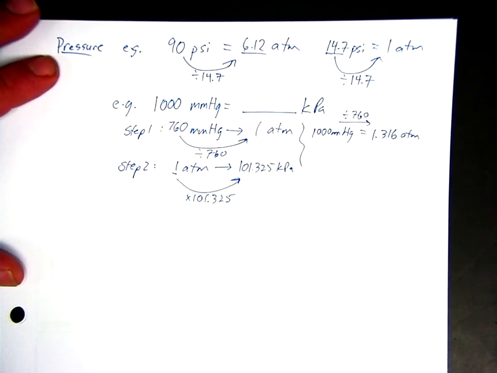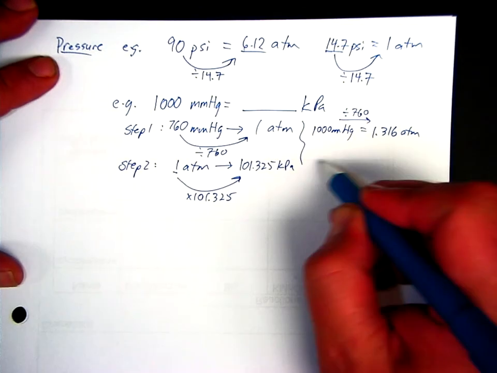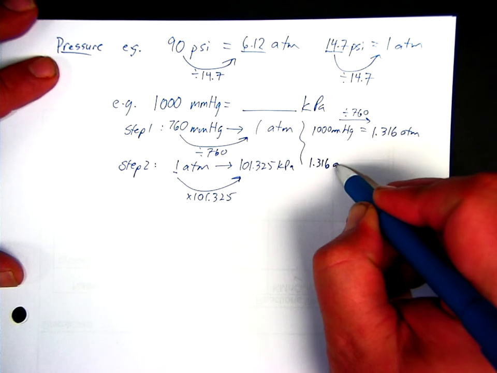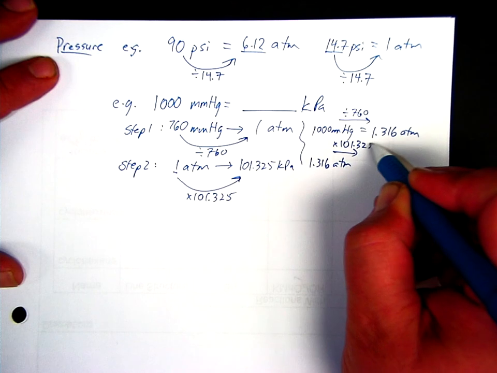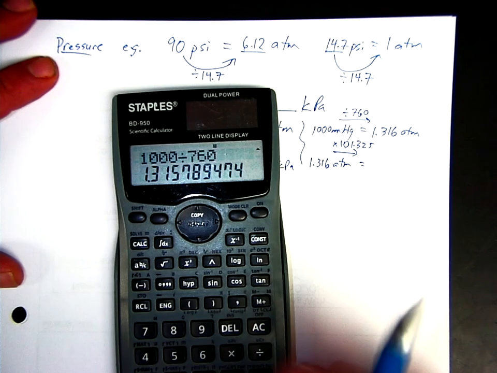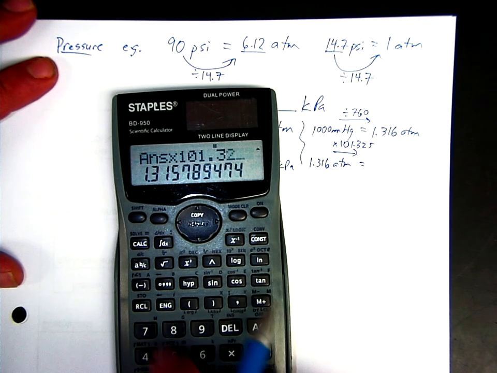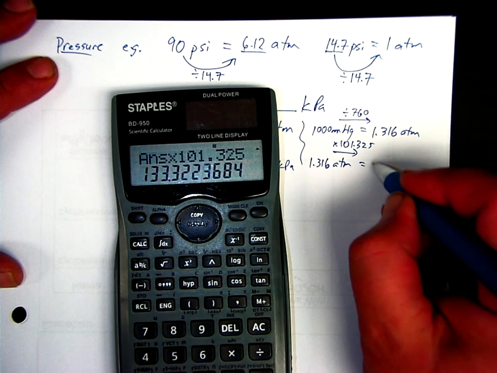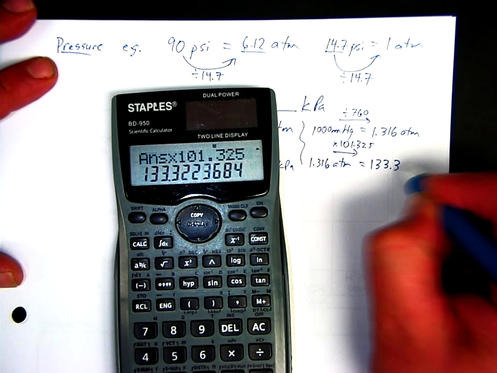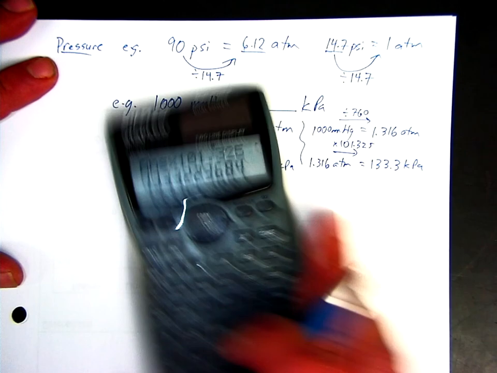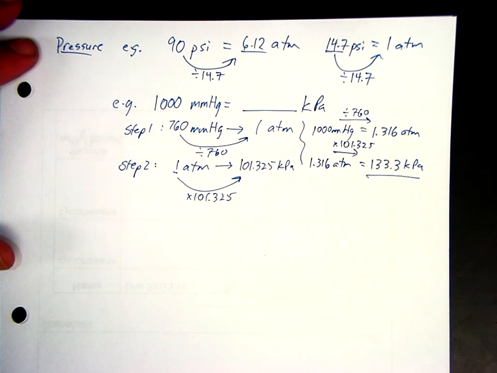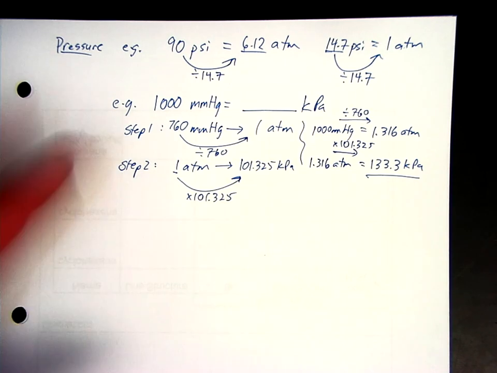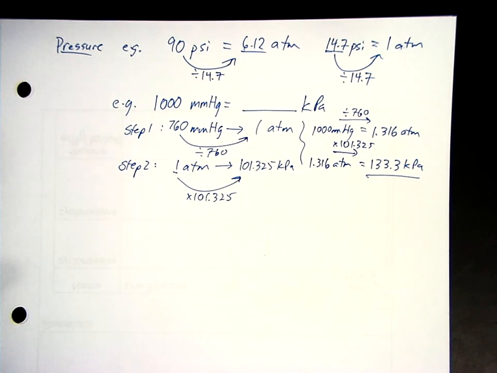So if I take this atmosphere amount and multiply by 101.325, I will now get my value in kilopascals, 133.3 kilopascals. And that's my answer. There is no real straightforward way to go directly there. This is probably the best, and this is the way that they're cited here.